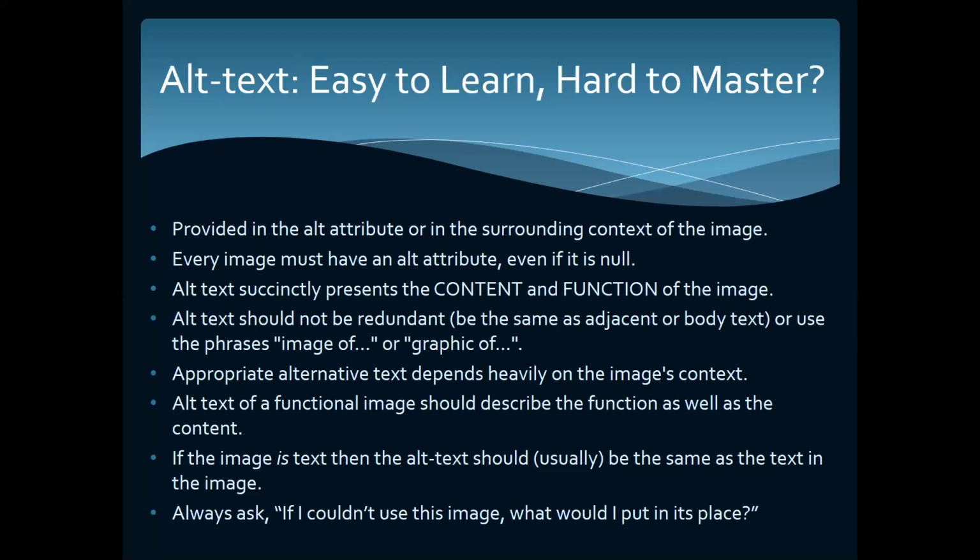So that's one way of seeing that when working with web content. Alt text does appear when using automated accessibility evaluation tools like WAVE and AMP. So that would be another way to access the alt text of a web page.